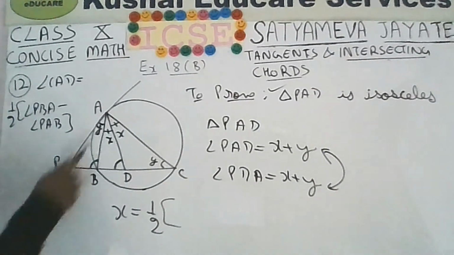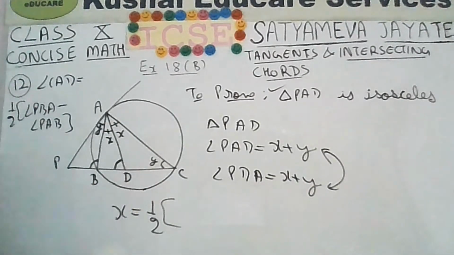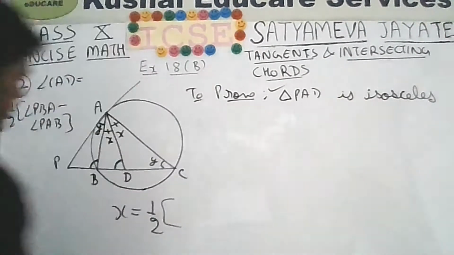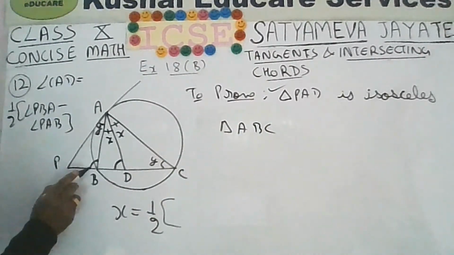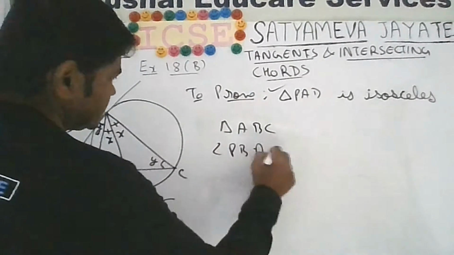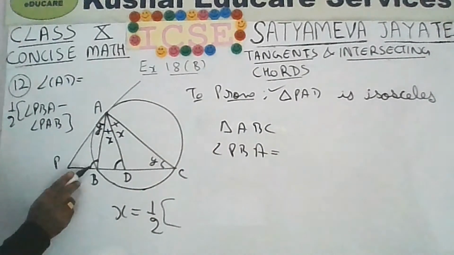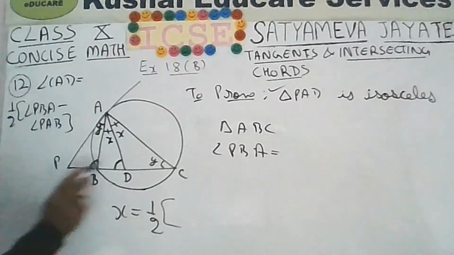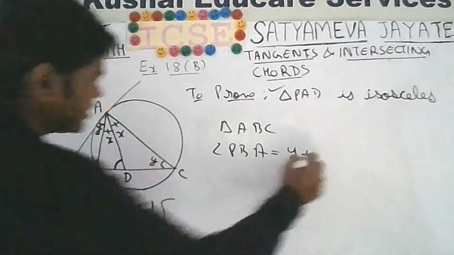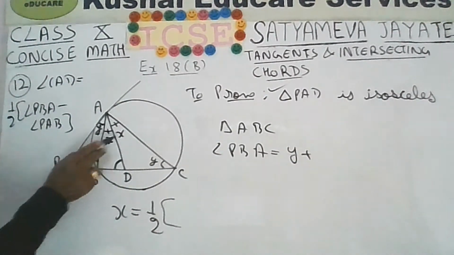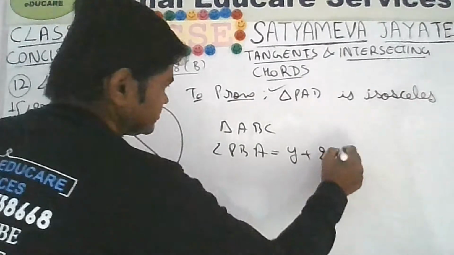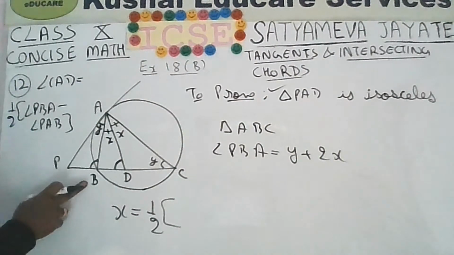If you look at triangle ABC, angle PBA will be equal to the sum of the opposite interior angles. One angle is y, and the other angle will be x plus x, that is 2x. So instead of PBA you can write y plus 2x.